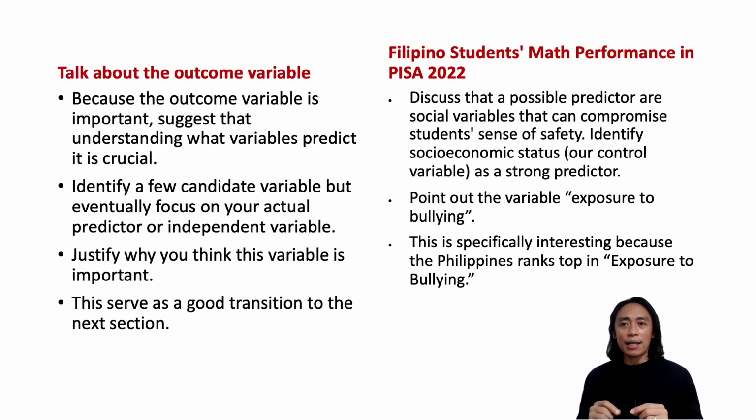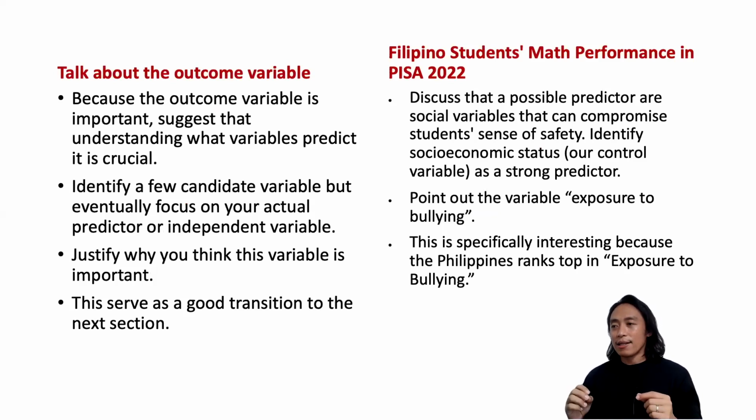So essentially, that is the next step after defining and explaining the outcome variable. Because the outcome variable is important, it suggests that it's important also to understand the things that can predict that outcome variable. You may identify a few candidate variables, but eventually focus on your actual predictor or independent variable. So in the case of the paper that I will write, discuss that the possible predictors are social variables that comprise students' sense of safety.